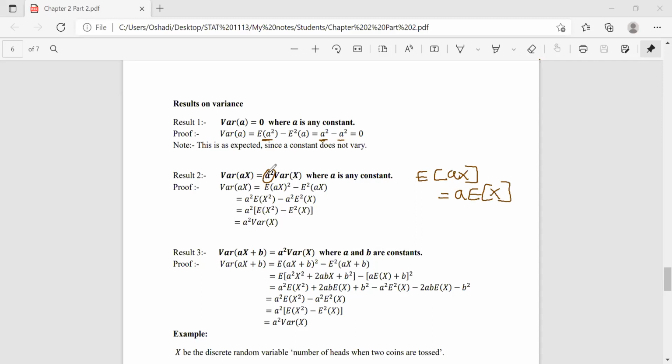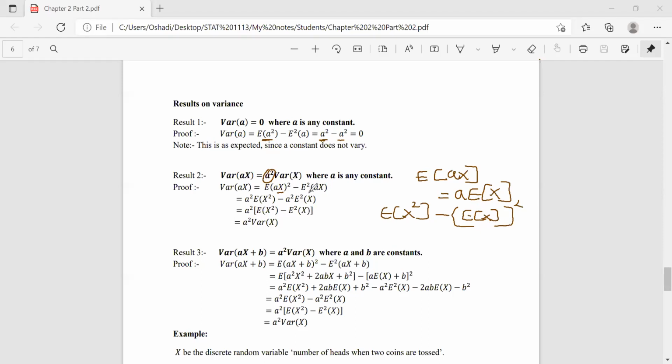Variance of AX. The variance can be written as the expected value of x squared minus the expected value of x, the whole thing squared, right? So the expected value of (AX) squared minus, we can write this as E squared of AX, the expected value of x, the whole thing squared.